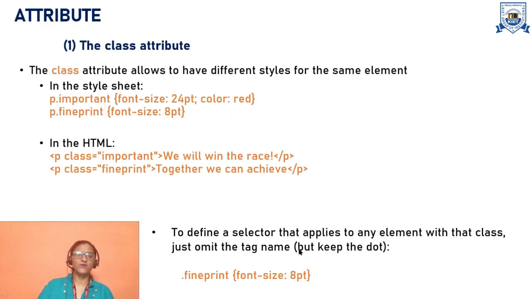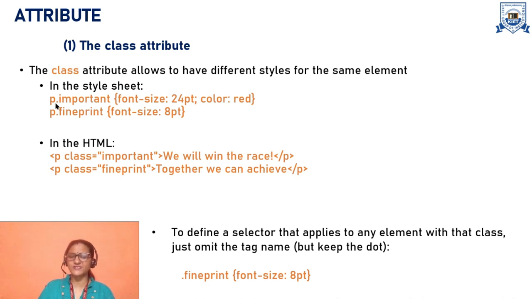Now the next topic, we move to attributes. The first attribute we will consider here is the class attribute. What is the purpose of the class attribute? It basically allows us to have different styles for the same element. In the style sheet, for P, we use the dot symbol between the element and the class name, to separate them.